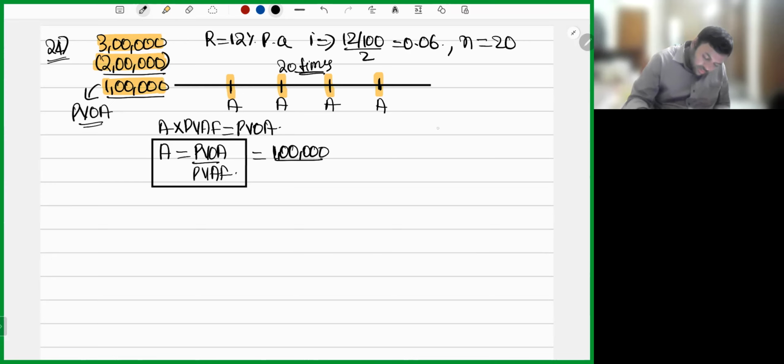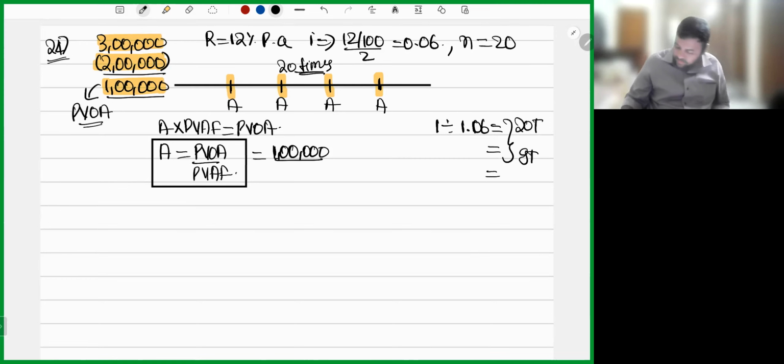How will you compute the present value annuity factor? 1 divided by 1 plus I, to the power n, that is 20 times. Then grand total: 1 divided by 1.06, and so on up to 20. Grand total, you will get 11.4699.